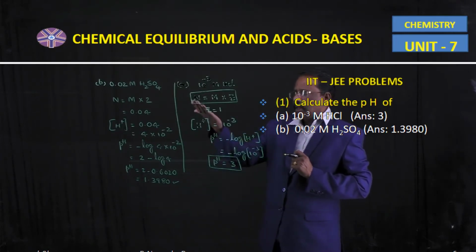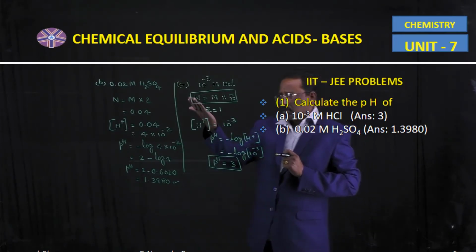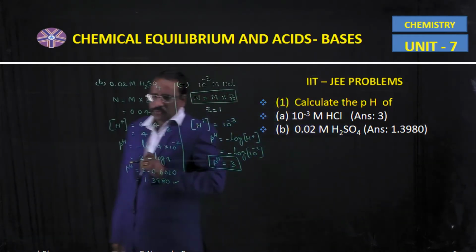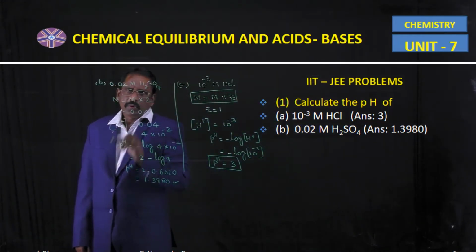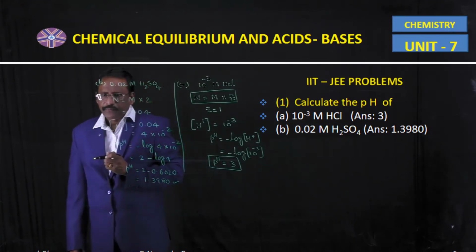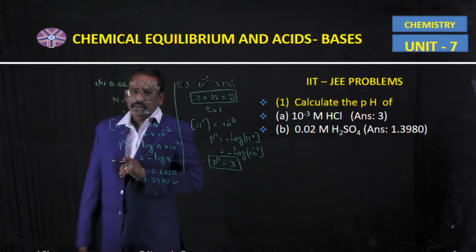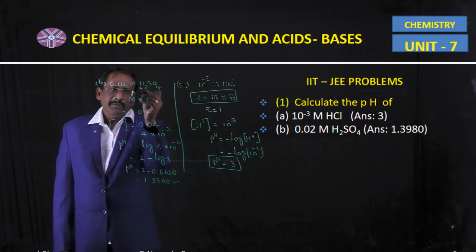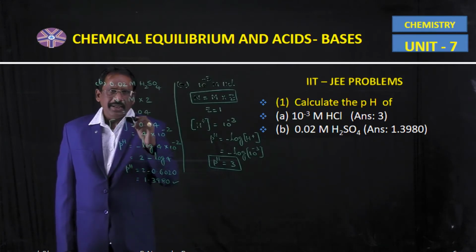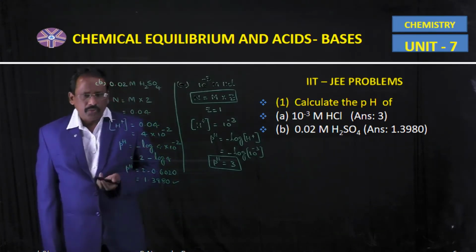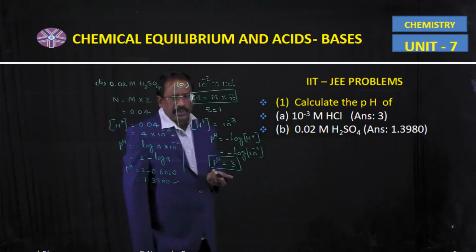That's why 10 power minus 2 into 2: 0.02 is nothing but 2 into 10 power minus 2. Sulfuric acid contains 2 H plus ions. That's why into 2, so 4 into 10 power minus 2.